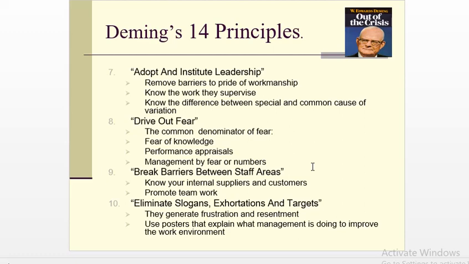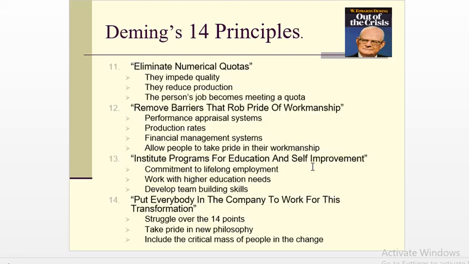In the eighth point, drive out fear. The common denominators of fear among workers are performance appraisal and management by fear or numbers, which have to be minimized. Ninth point, break down barriers between staff areas. In his 10th point, eliminate slogans and targets.